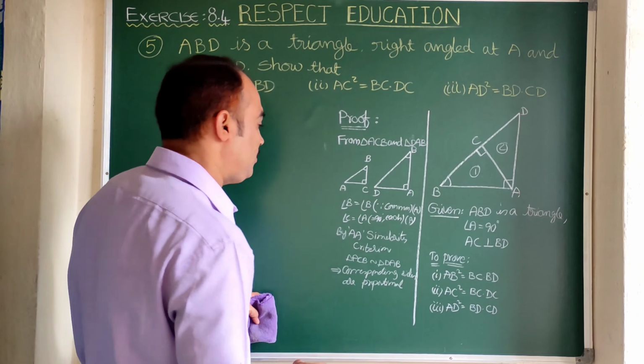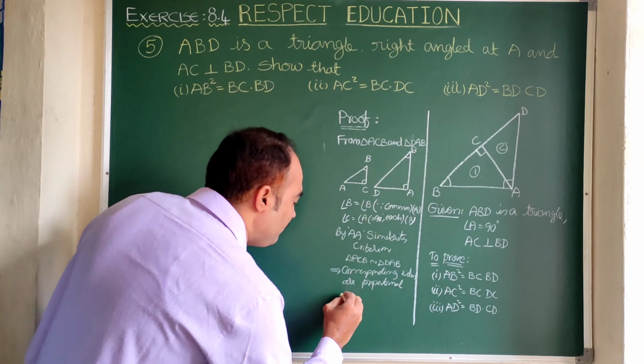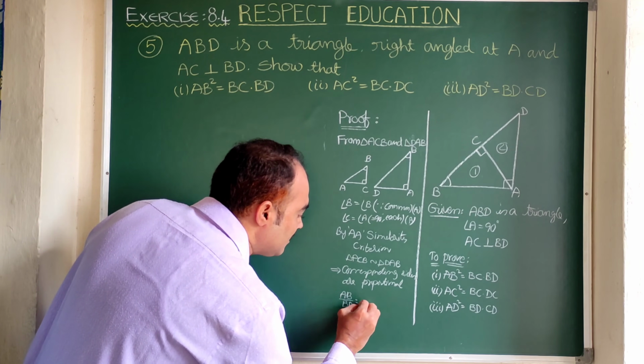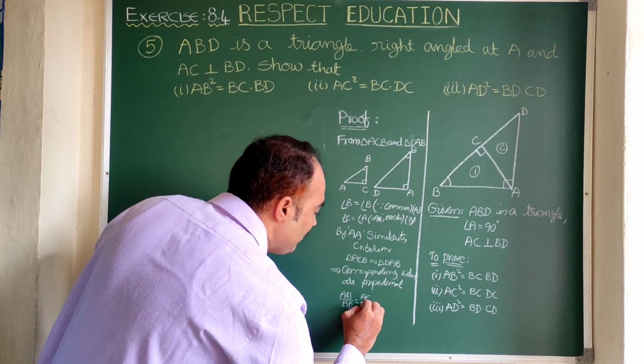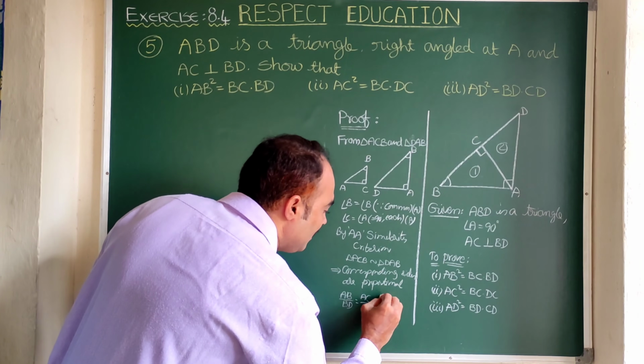Here we can take the corresponding sides as AB by BD is equal to AC by AD, and AC by AD is equal to BC by AB.